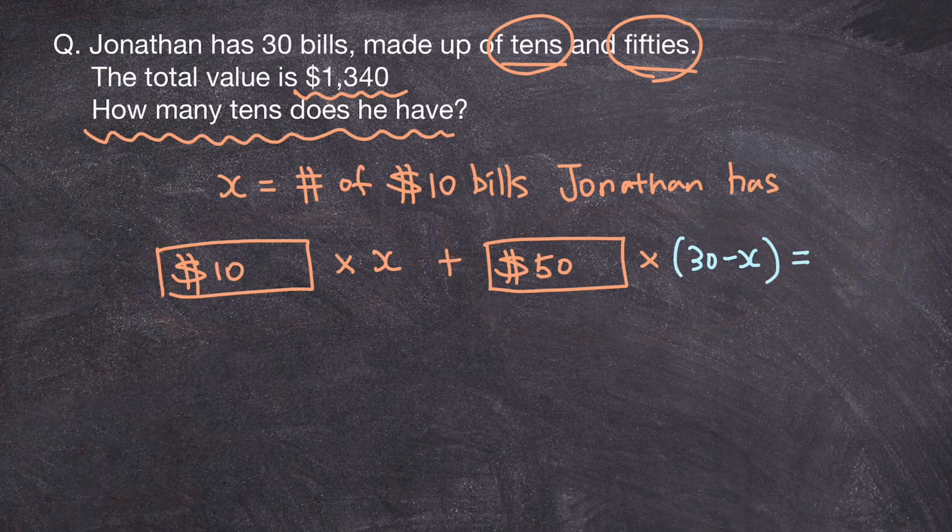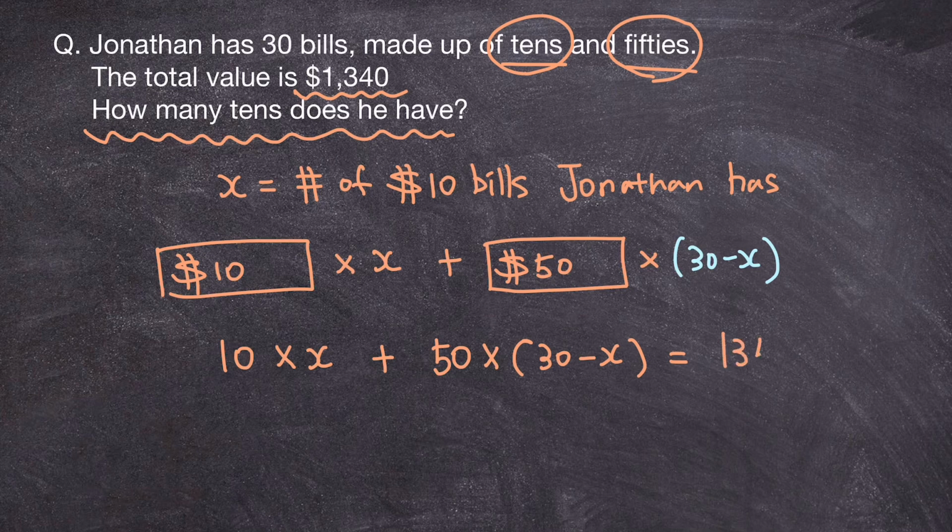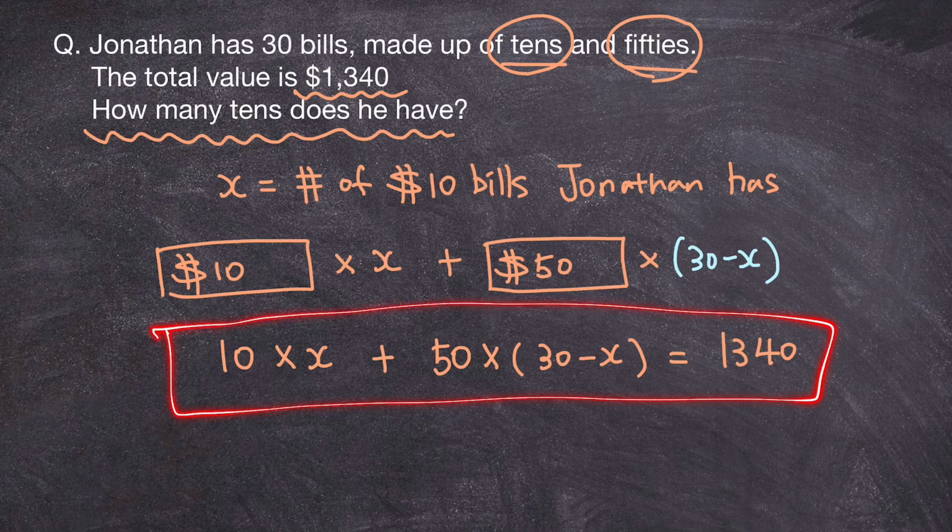So I'm going to set up the equation like this: $10 times x plus $50 times 30 minus x is equal to $1,340. Now we have a completed equation like so. And all there is left for us to do is to solve for this variable of x.